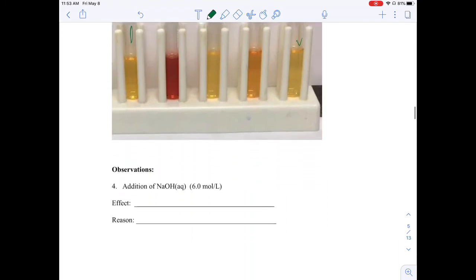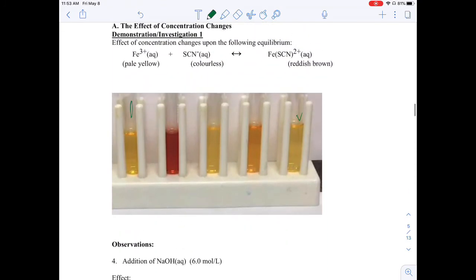Now, in our last one here, we're going to add sodium hydroxide. Sodium ions are here, hydroxide ions are here, and we don't see any of those chemicals in the reaction statement, right? So I don't see sodiums or hydroxides. So maybe it's going to make no difference to the color because of that. But what's actually happening here is this will become a little bit lighter. It's a little hard to see in this, but this is a little bit lighter.